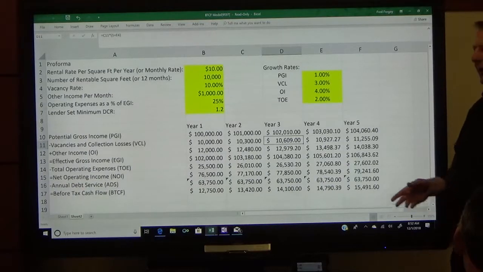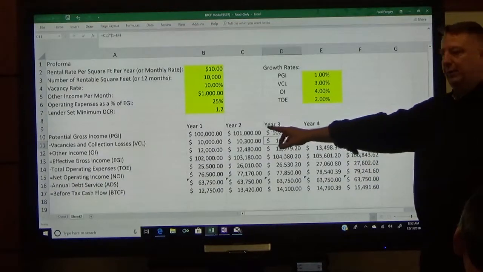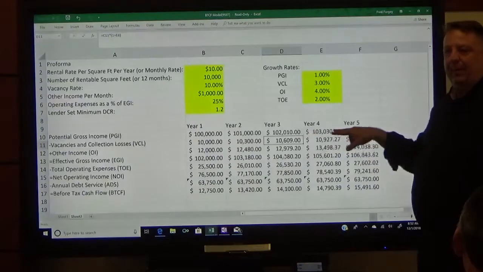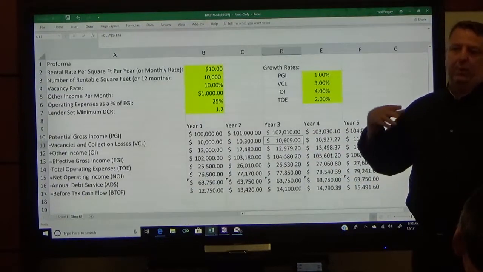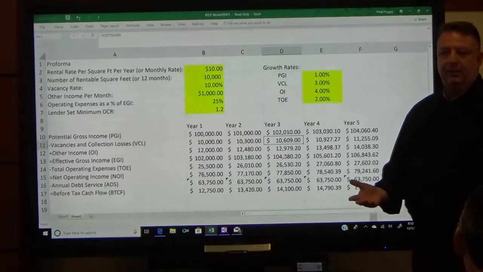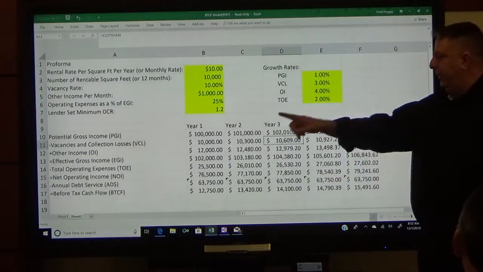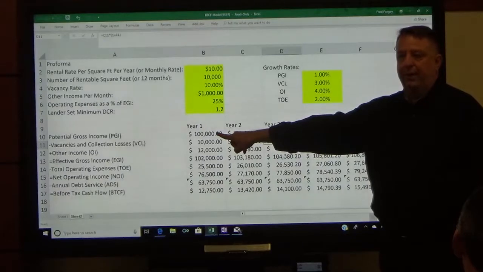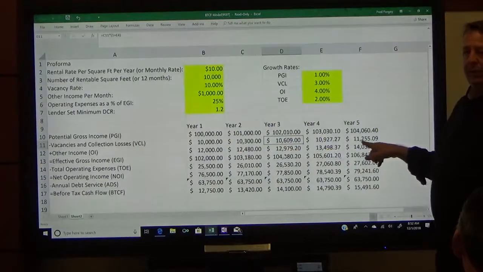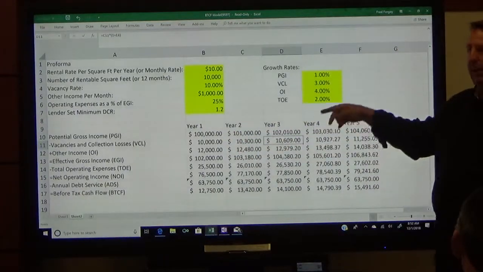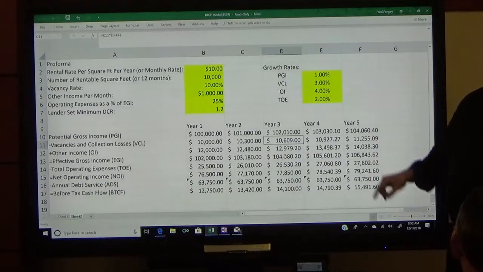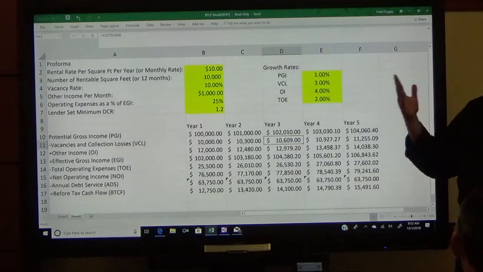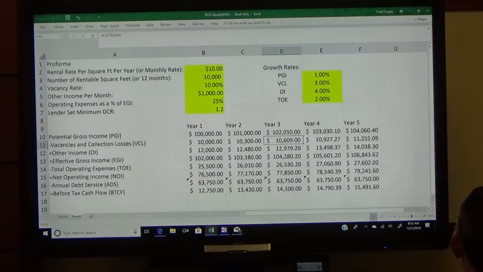So the point is, I can try to forecast what I might be able to get, but barring that, the other way you can lock it in is to simply say up front, this is your lease rate to your tenant. You've got a 5-year lease with them, and you're going to stair step the lease up by 1% a year. This is why you typically like that sort of approach with a property.